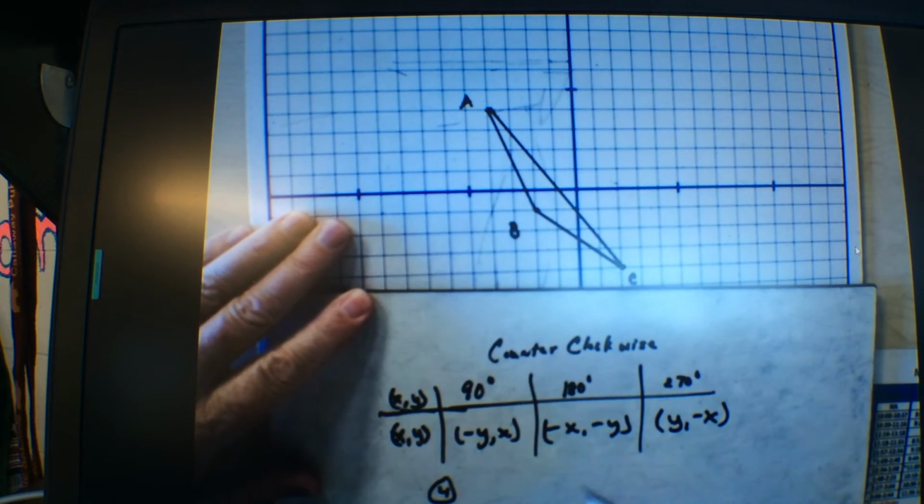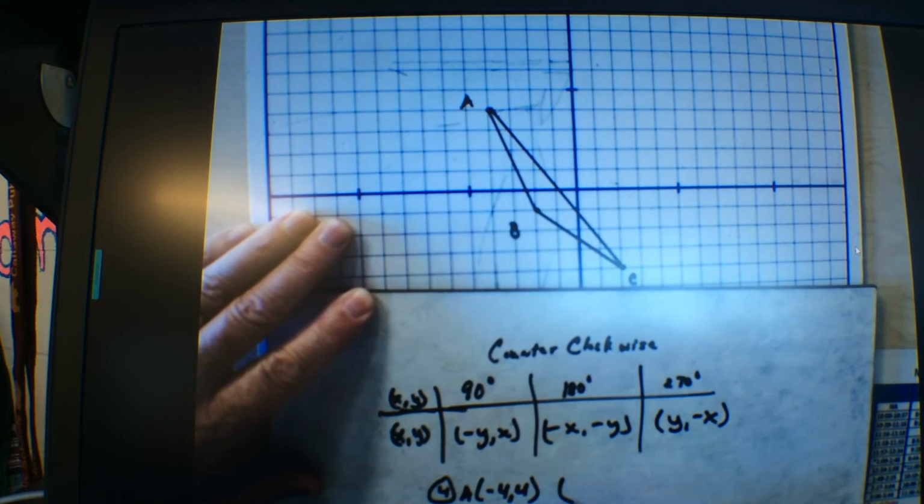Can you see this? Okay, so my first point is A, which is negative 4, 4, right? So for a 270 rotation, I switch and I put my Y first, correct? So A prime is 4, and then the opposite of negative 4.